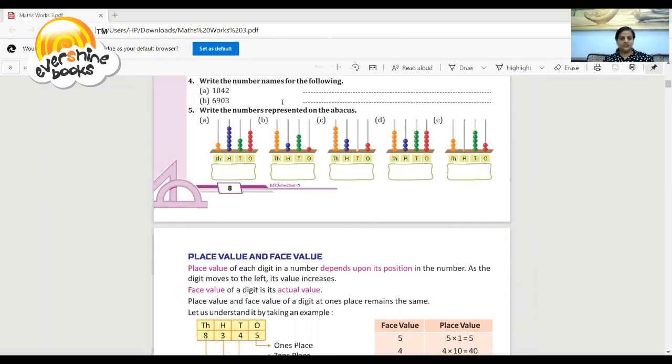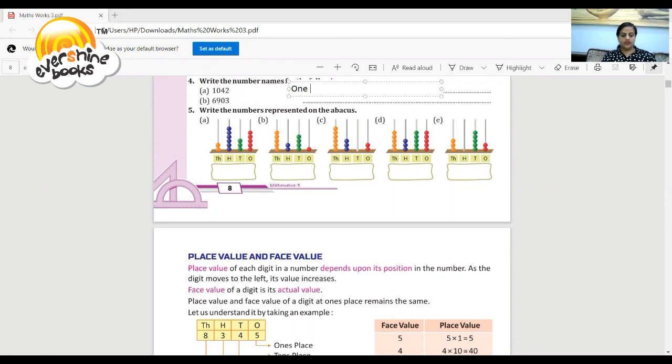Yes, students. Now we will write the number name for 1,042. So see this, how to write here. We'll start from here. First we will write the spelling of 1. Okay. 1. Then it will be 1,000.